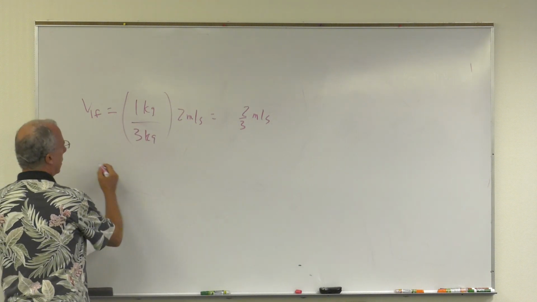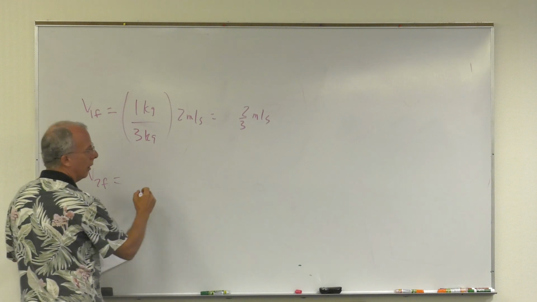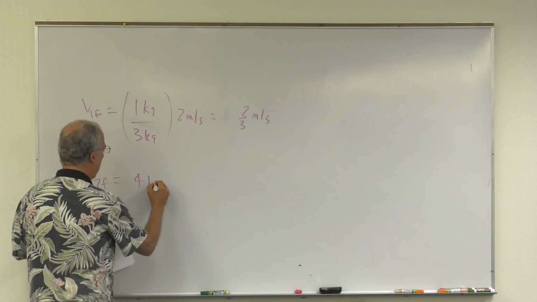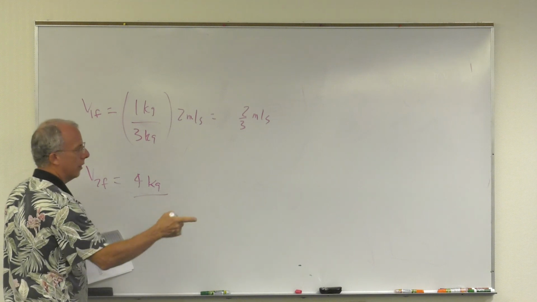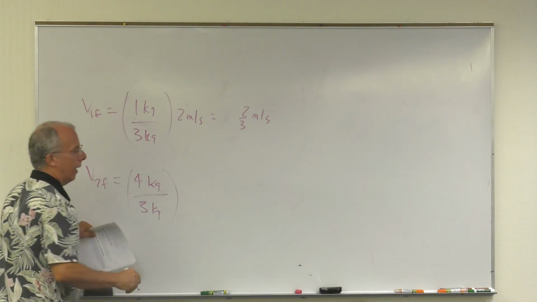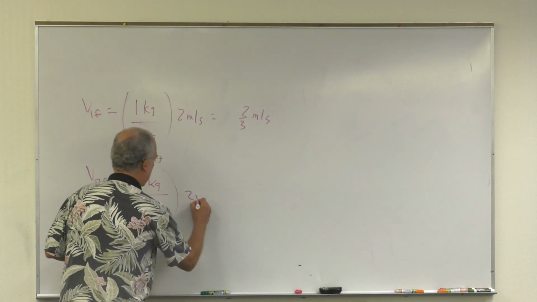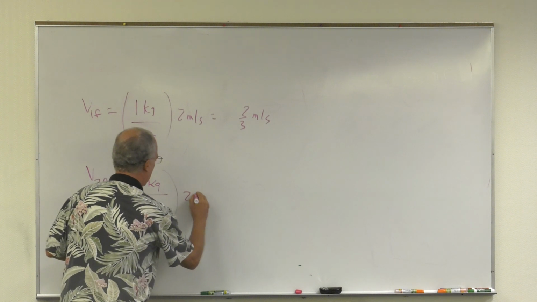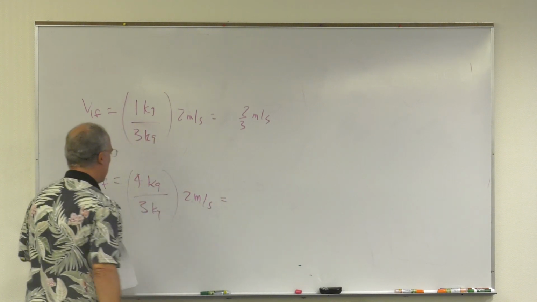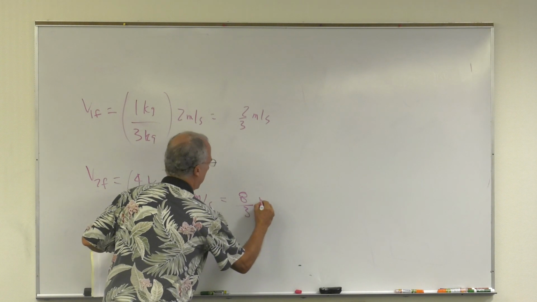Okay, and V2 final is going to be 2m1, which is 4 kilograms, over the sum, which is 3 kilograms, times V1 initial, which is 2 meters per second, which is 8/3 meters per second.